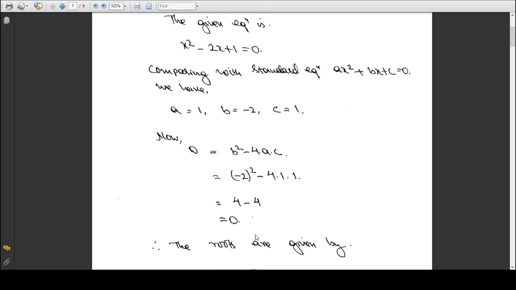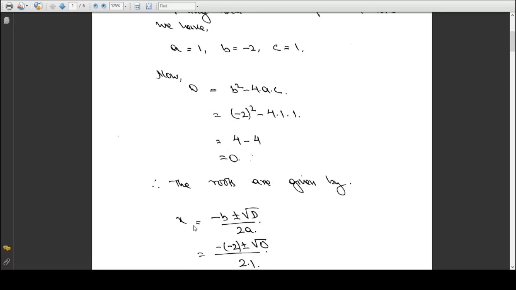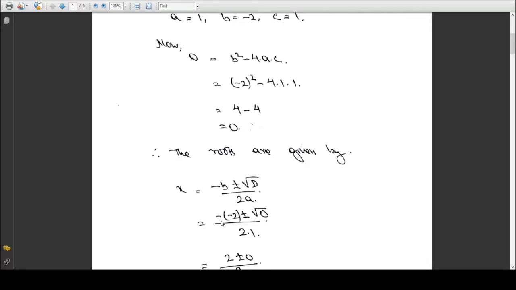Therefore the roots will be given by this formula, x equals minus b plus minus root over D by 2a, where D is the discriminant. Minus of b, what is b? B is minus 2, plus minus root of the discriminant, which is 0, over 2 multiplied by 1.